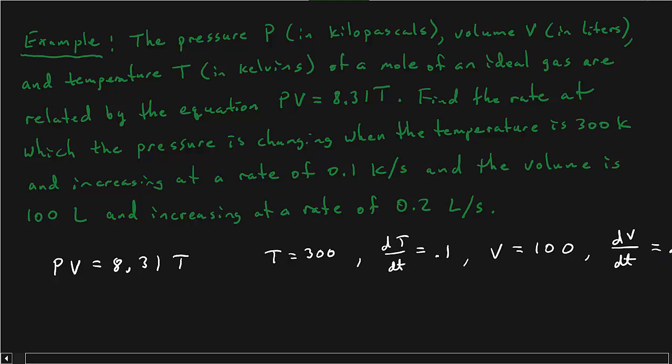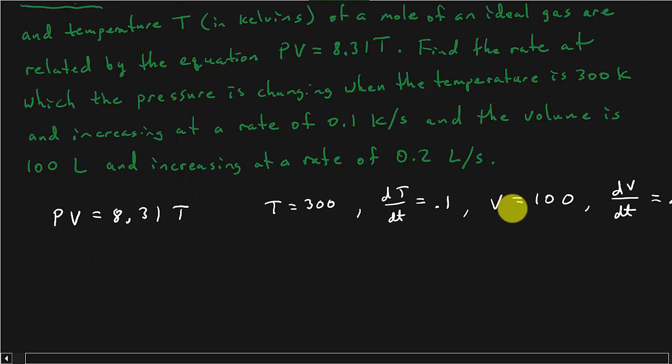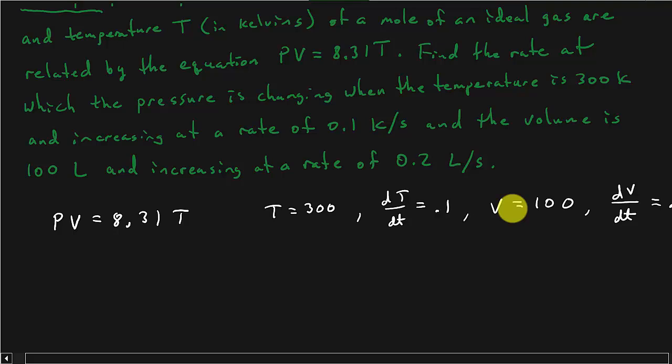All right. Now, what are we looking for? We're looking for dP dt, right? So what I want to do is I want to take this and I want to solve it for P, 8.31 times capital T over V. There's my equation.